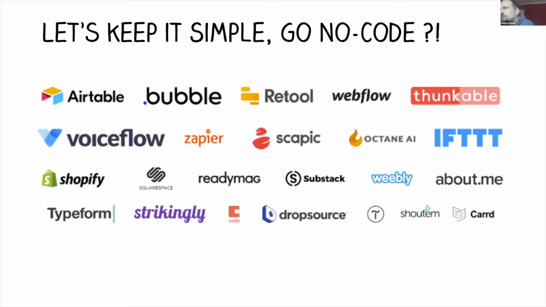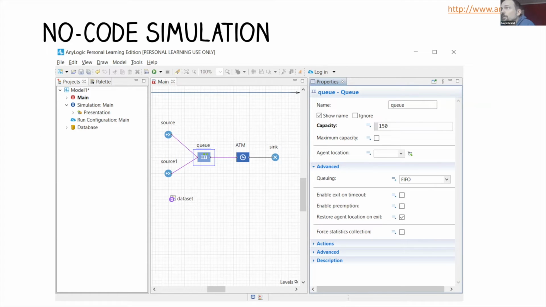And one very often occurring question is, do we have to do any coding at all if we want to simulate processes? Aren't there so many great no-code tools? And I think, yeah, there's a huge ecosystem of tools that allow you to do all kinds of things without writing a single line of code. And clearly, simulation is also present here. So there are very nice tools, like AnyLogic, a very prominent player here, where you can click together your simulation model.